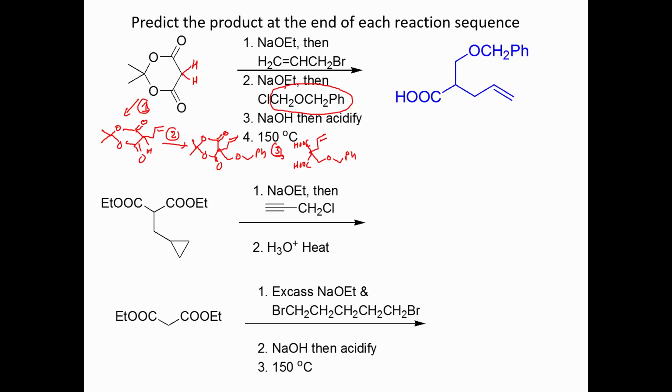All right, so here we're just going to add this alkyne substituent to a substituted diethyl malonate. Sorry. Okay, we're going to hydrolyze the ester and blow out CO2 in the same step.